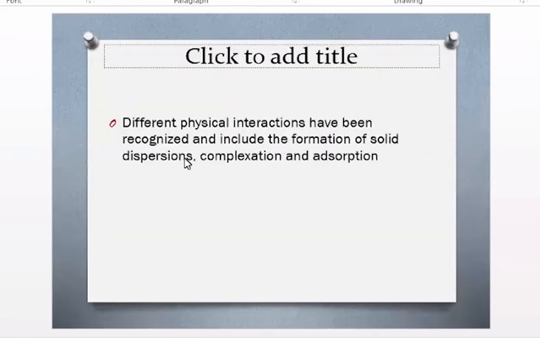So we are looking at solid dispersion and the techniques, and complexation, under improvement in solubility characteristics. That in itself is regarded as a physical interaction, but it is used to advantage. There are also complexation aspects which can be advantageous and some disadvantageous. All these are interactions between the API and the excipient.